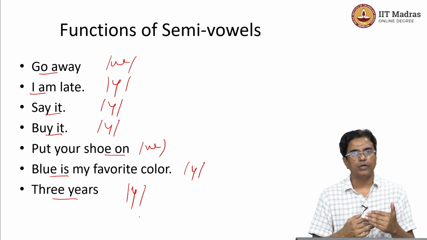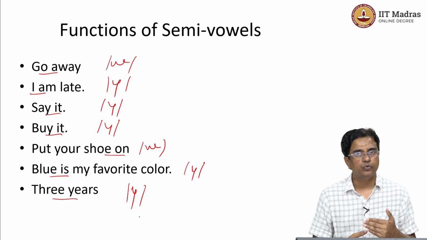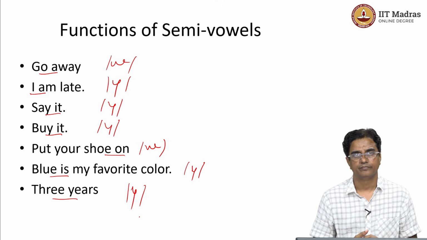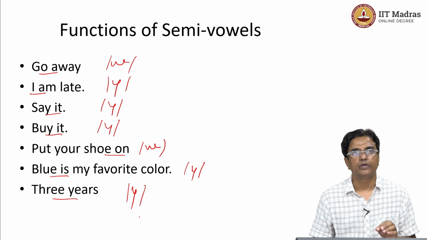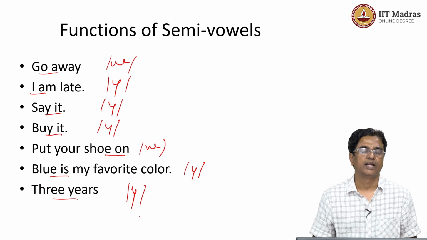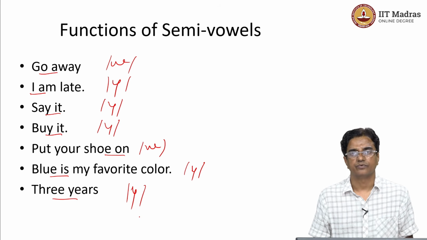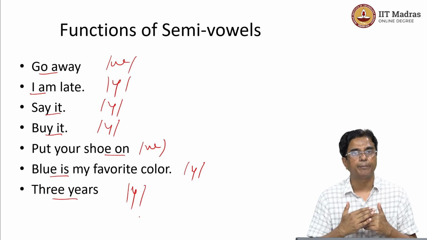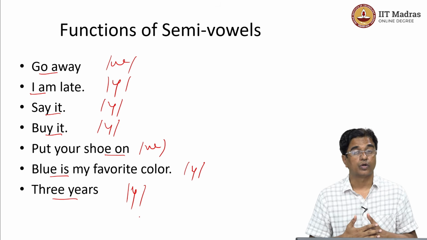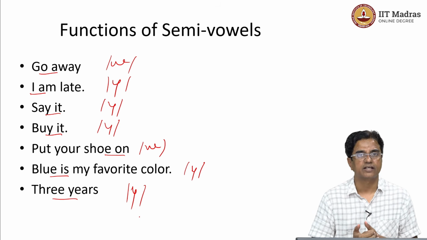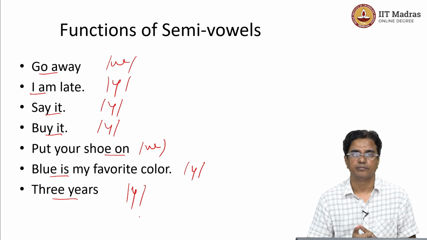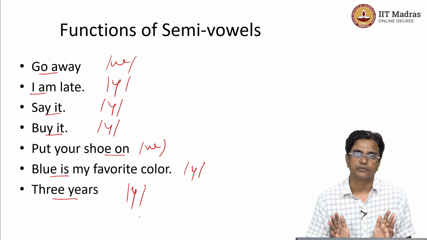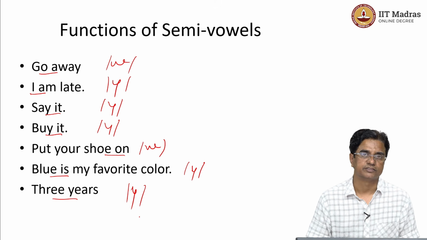Now, if you go into further details, you will see the distribution of ya and wa is also not random. When you have a rounded vowel, you have a wa sound, and otherwise you have a ya sound. So the distribution of ya and wa is also fully patterned. There is a rule for why a wa sound must come and why a ya sound must come. But the function is to help the transition between two vowel sounds belonging to two different words.